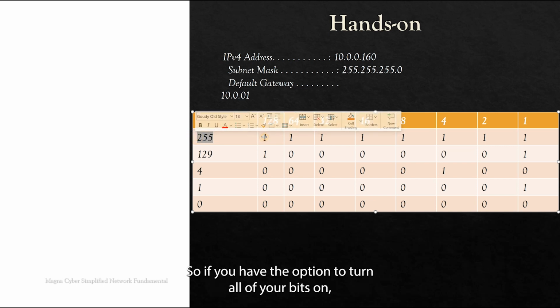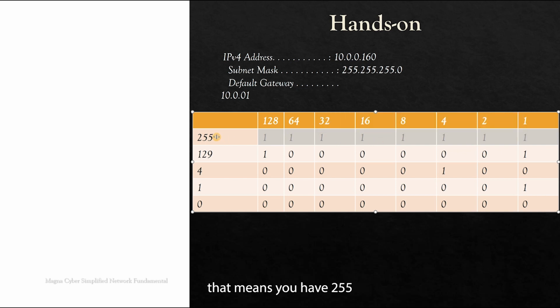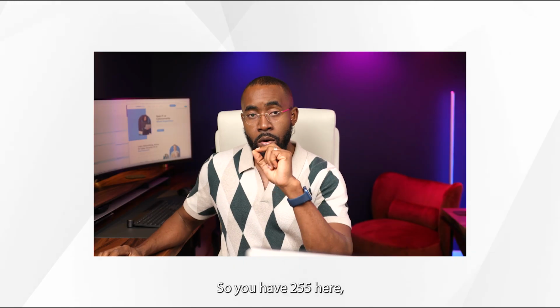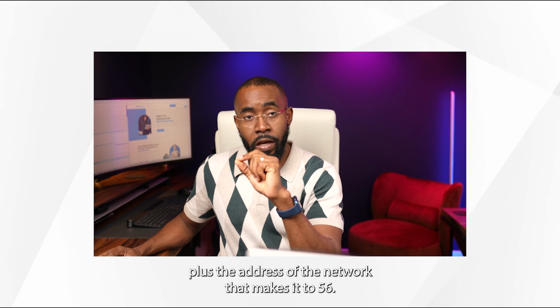So if you have the option to turn all of your bits on, that means you have 255 IP addresses in your network, plus the address of the network itself. Every network has an address that represents it. So you have 255 here, plus the address of the network, that makes it 256.